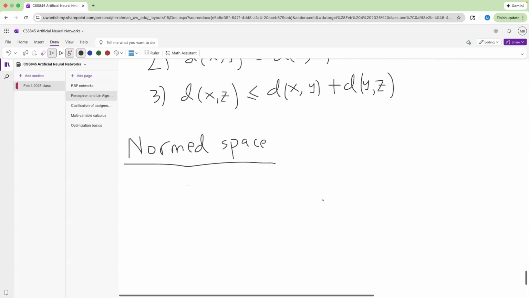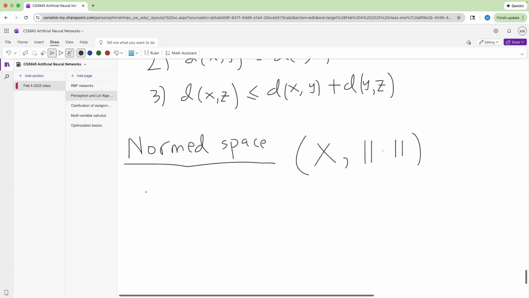Okay. What is a norm space? A norm space is actually a vector space where you have a set of points, and every vector in your space has a length or norm defined on it. So this is a vector space where every vector in your space X has, sorry, a length measure. You can measure the length of any vector.